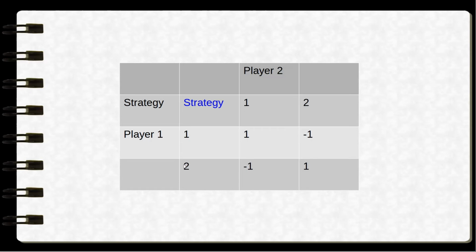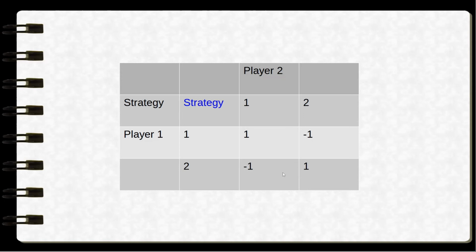Now if player number 1 raises two fingers and player number 2 raises one finger, it is odd and therefore player number 1 will lose a rupee. Similarly, if player number 1 raises two fingers and player number 2 also raises two fingers, in this case it's even and player number 1 wins a rupee.